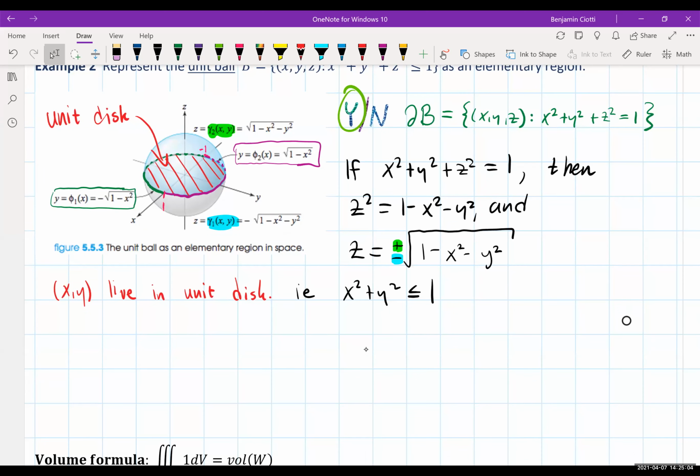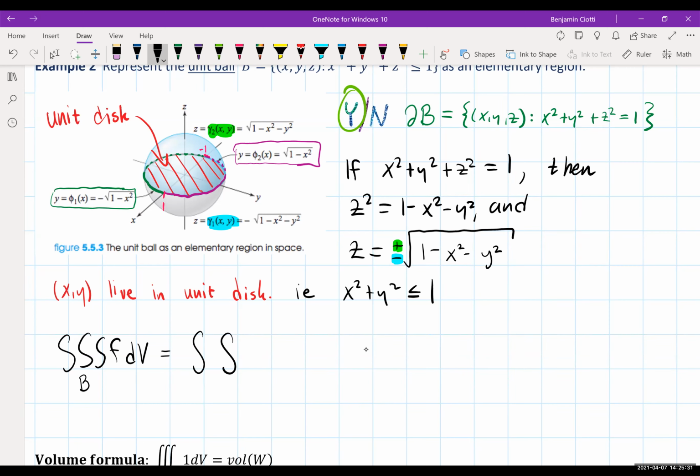Okay, so let me test you all as to what an integral over the sphere would look like. Let's say I wanted to integrate some function, it doesn't matter what, over the unit ball.